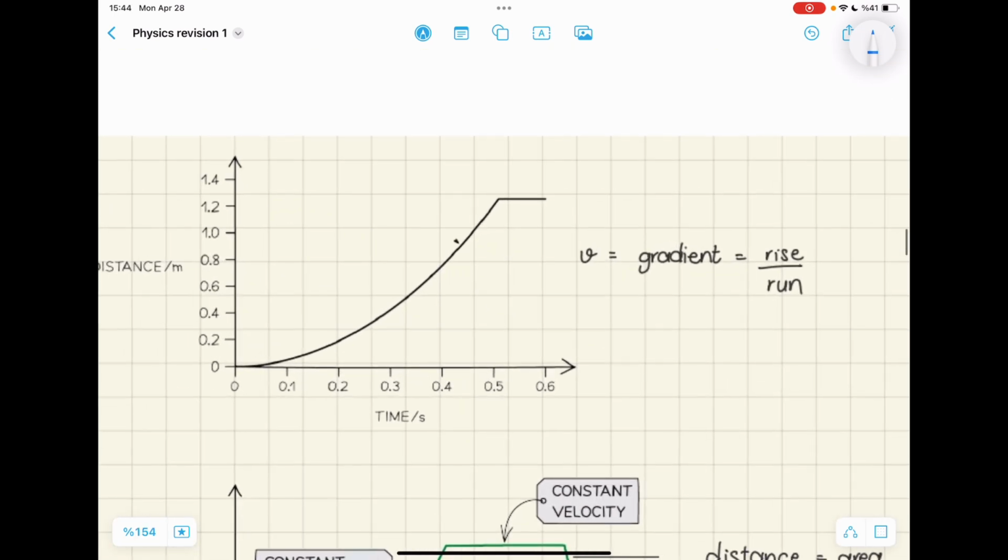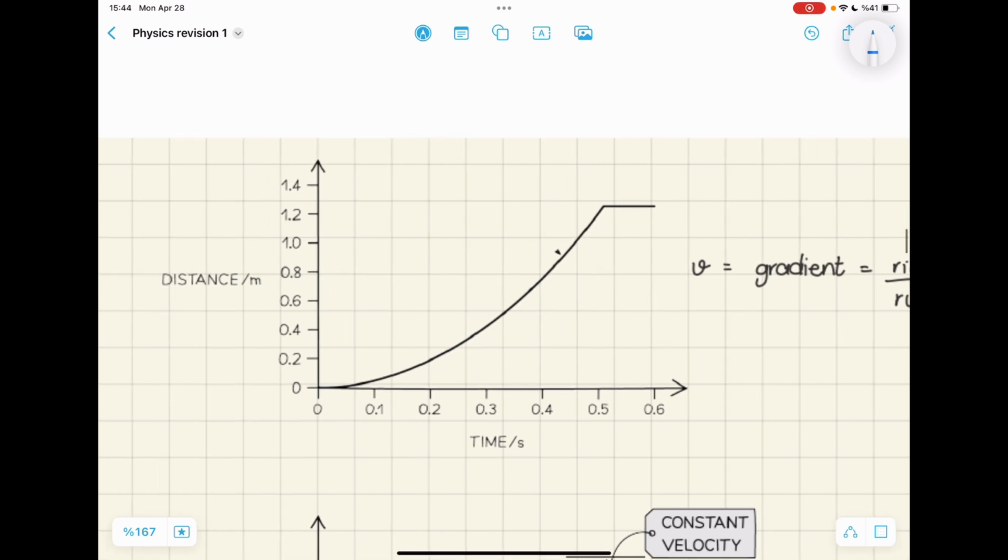We're going to go back in a second to see what is happening with something that has this type of distance over time. If we had a distance over time which was a straight line like this, it would mean that there's no acceleration. This is a constant speed.